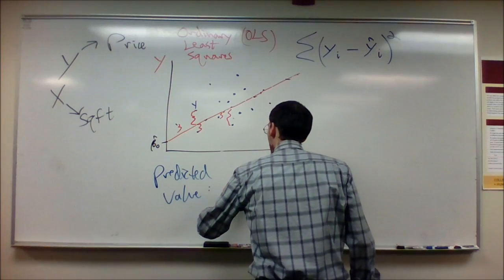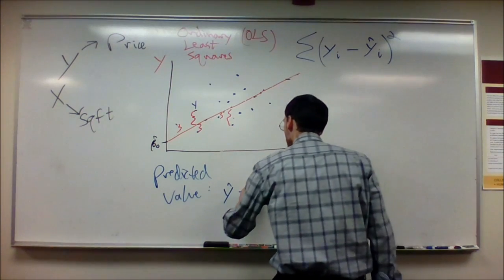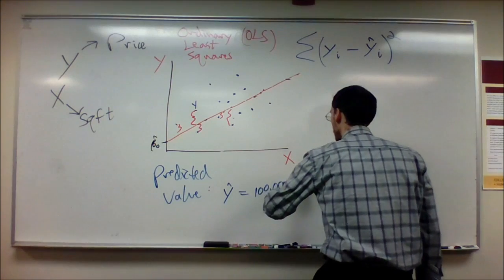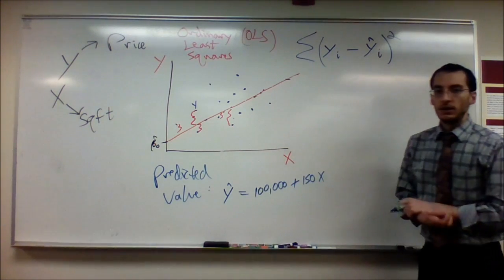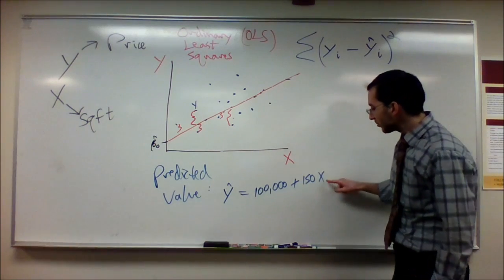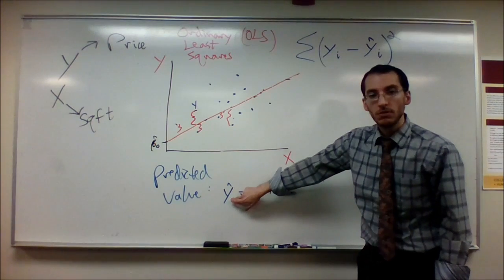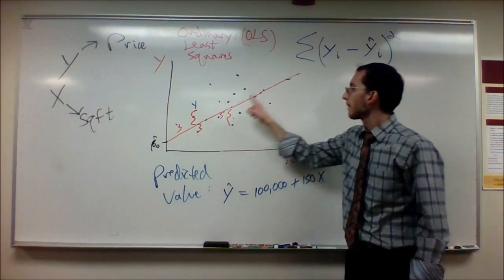So if I just write out this generic model, and let's pretend that these numbers are the same as before, 100,000 plus 150 times x. For each x I plug in here, it's going to give me a value for y hat that's directly on this line.